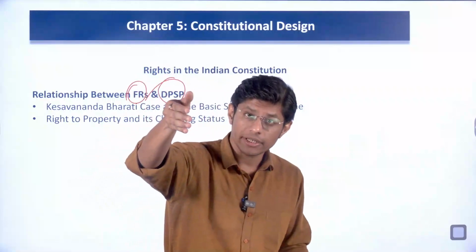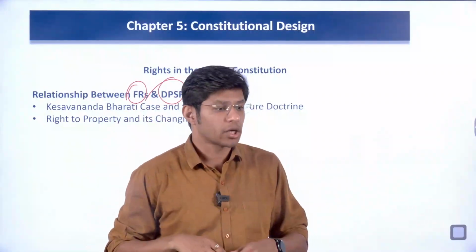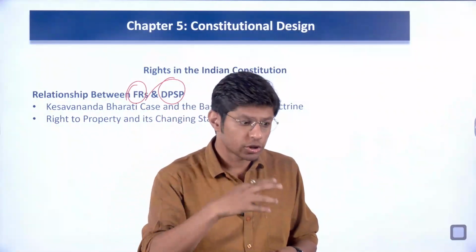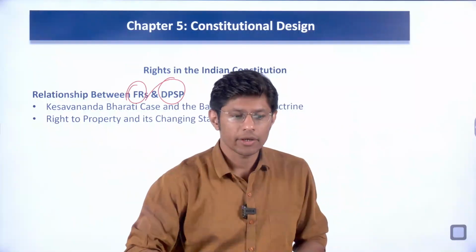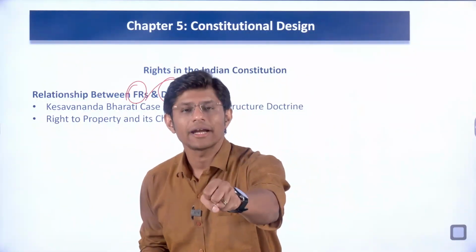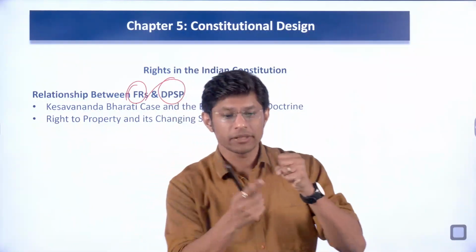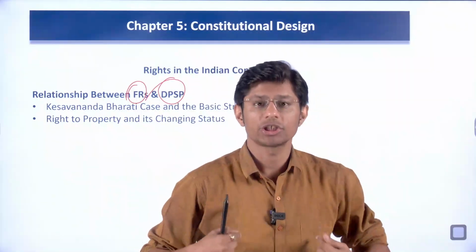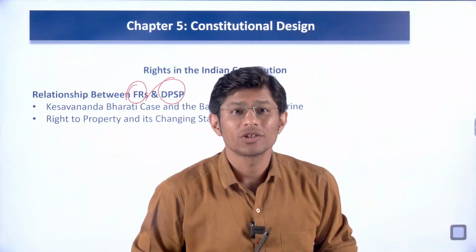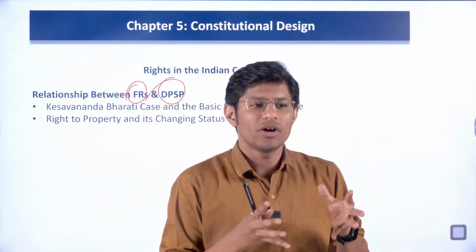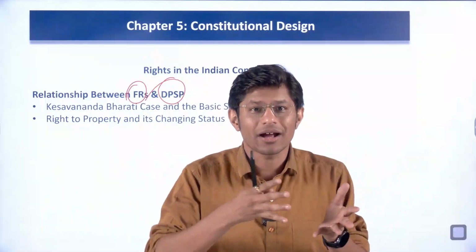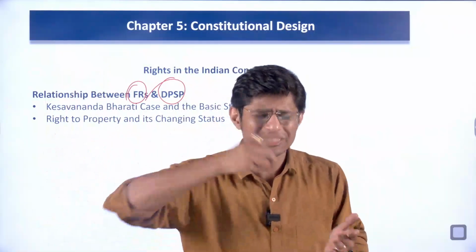Now, right to property was a fundamental right. The government wanted to ensure the welfare of people, so it wanted to take the extra land from the zamindars. The zamindars protested. They said this is a violation of our right to property. So there's a clash.